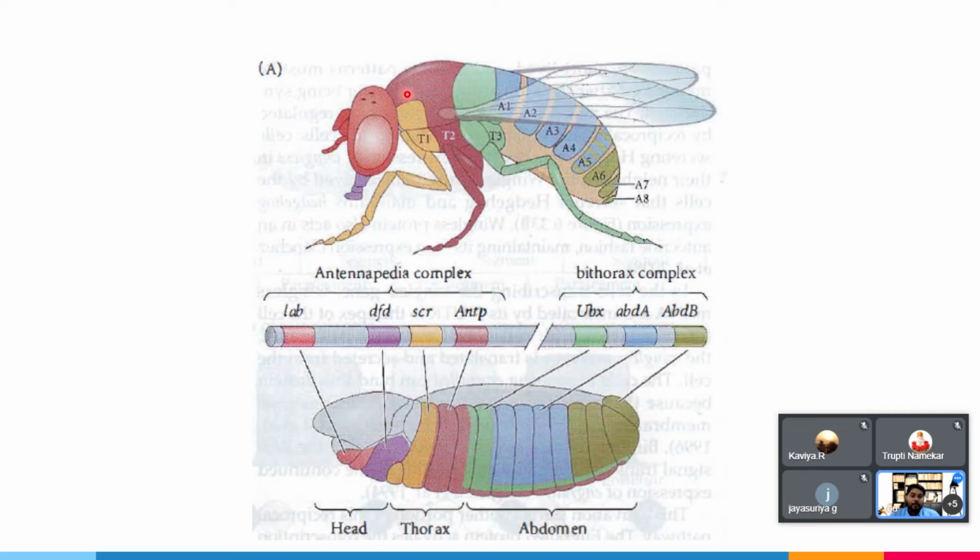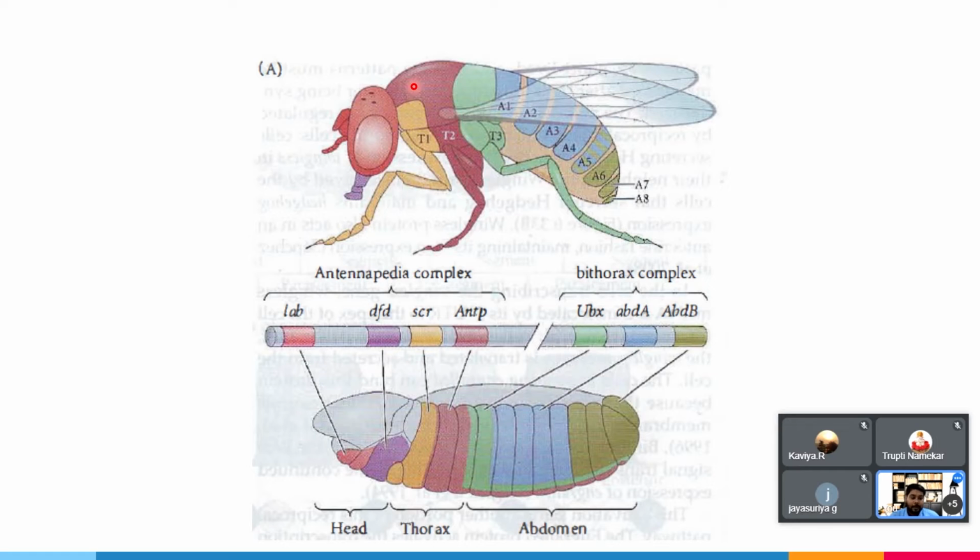Antennapedia is very important for the development of T2, and if it is misexpressed, T2-like characteristics will develop in a different part of the embryo in which we have misexpressed the Hox gene.